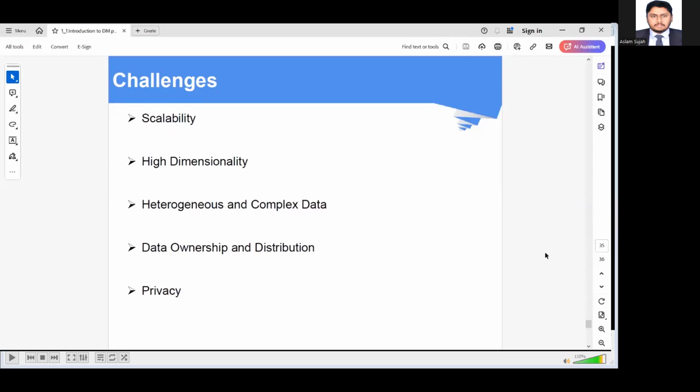The next one, data ownership and distribution, right? While I'm collecting a data set for data mining tasks, depending on the ownership of the data, the quality of the data changes, right? If you extract data from your own business, you are the owner, and that is real data. So if you apply a data mining task and extract something, that is an actual, real thing. But if you are collecting a data set from the internet, we don't know whether the data is true or dummy, right?